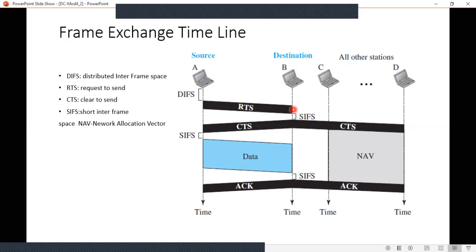Now the destination B will wait for a time period called SIFS, that is the short interframe space. It will wait for this SIFS time period, and then it will send a CTS frame, that is clear to send. That means destination B is telling source A that I am ready to receive the data.